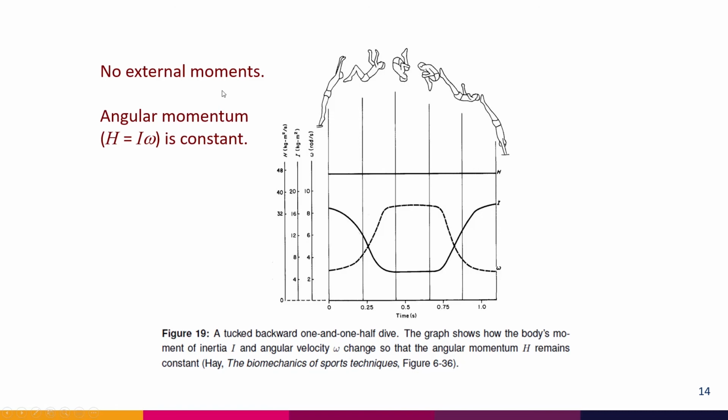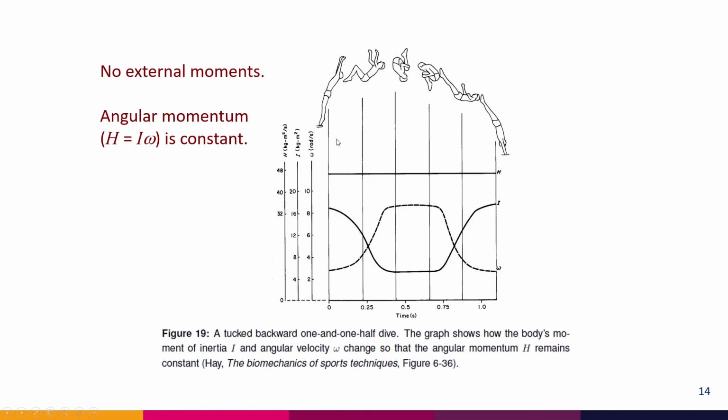Since there are no external moments on him, it's just gravity acting through his center of mass, this angular momentum H is a constant. So if we change I, then omega will change.